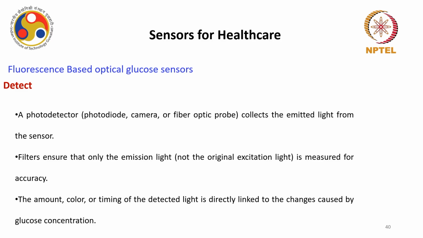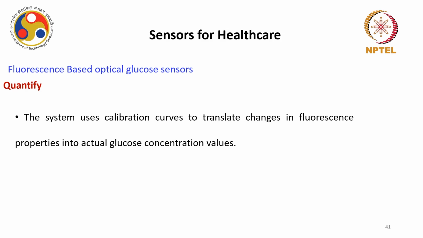The amount, color or timing of the detected light is directly linked to the change caused by the glucose concentration. The fifth stage is quantify. The system uses calibration curves to translate changes in the fluorescence properties into actual glucose concentration values.